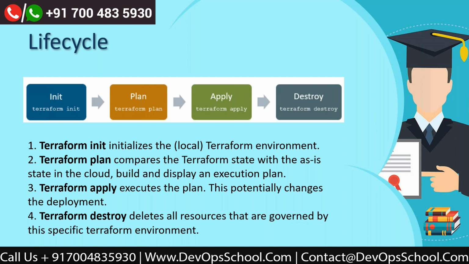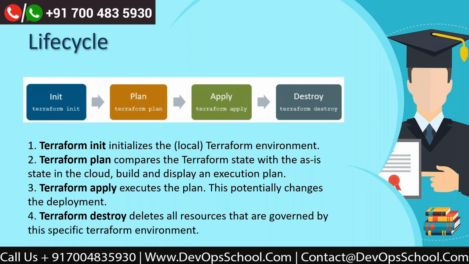For example, if Terraform needs to create an EC2 server in AWS, then Terraform needs to call the API related to the EC2 server. For that it has to connect with AWS first. That work is done by the provider.